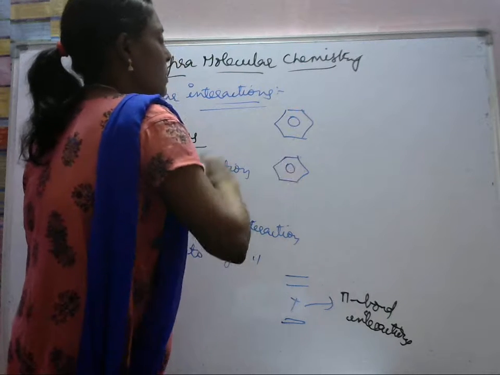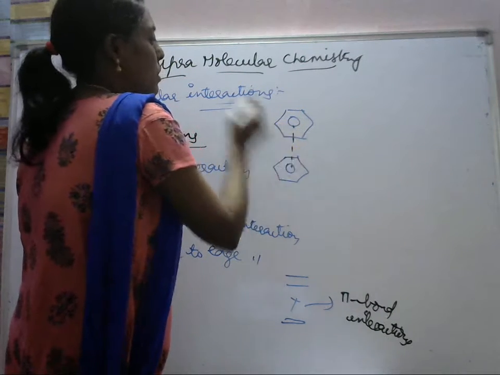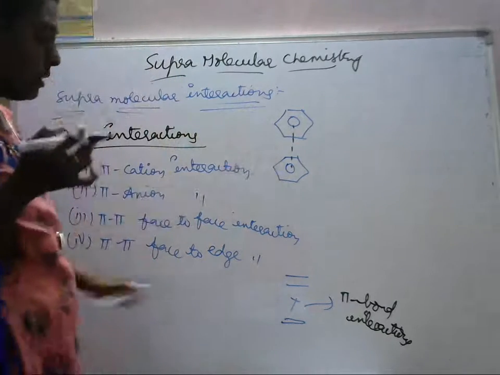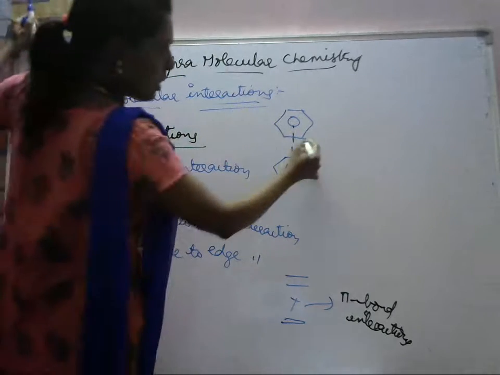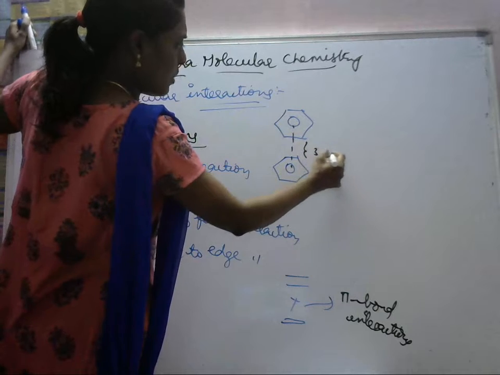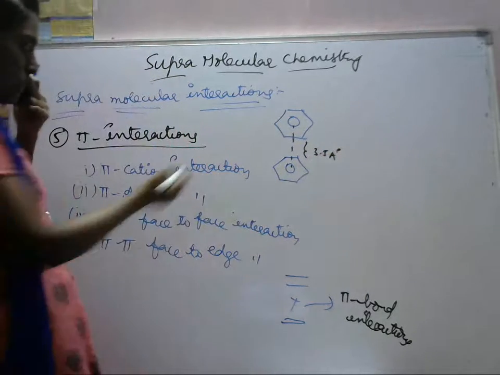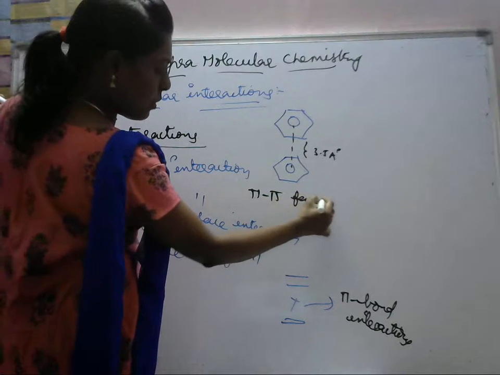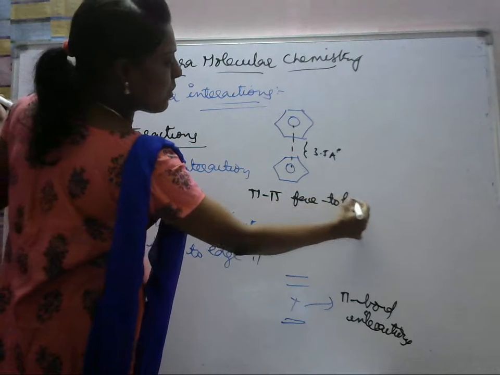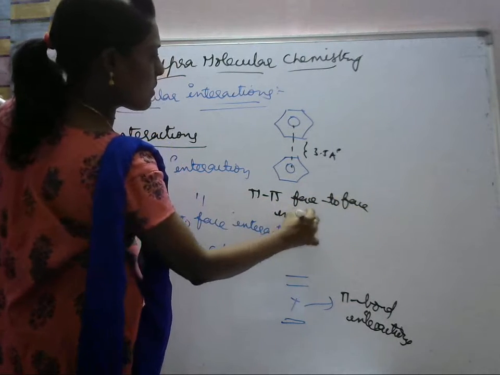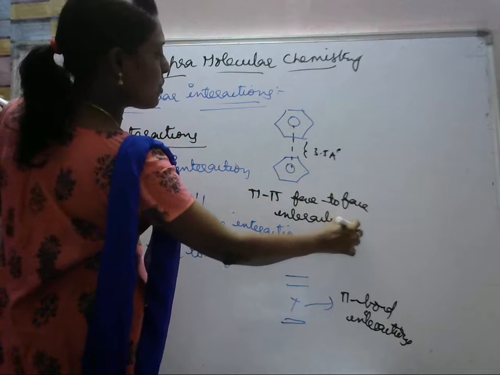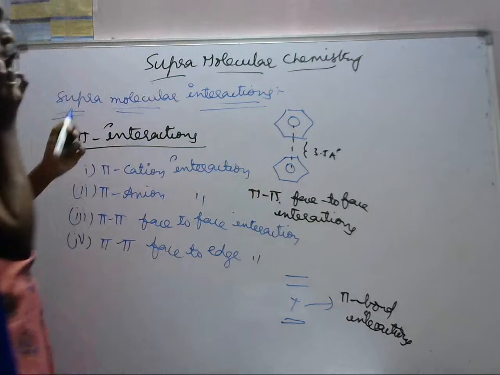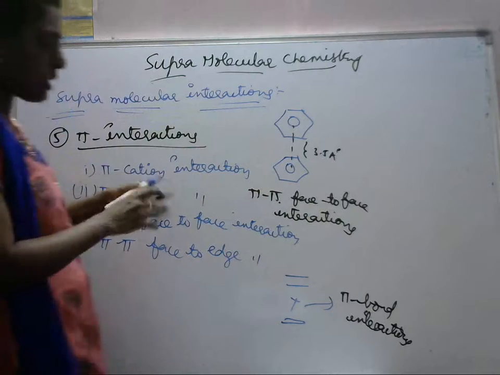There is an interaction between these pi electrons and pi electrons, then it is called side parallel. The distance will be 3.5 angstrom units. So this is called pi to pi face to face interactions. Face to face interactions are there.